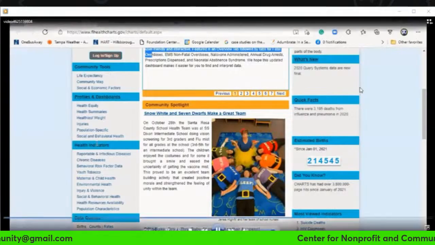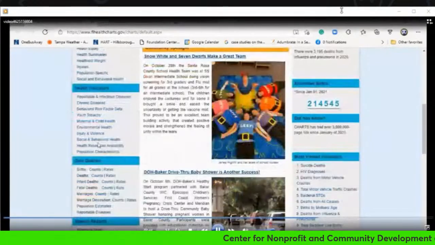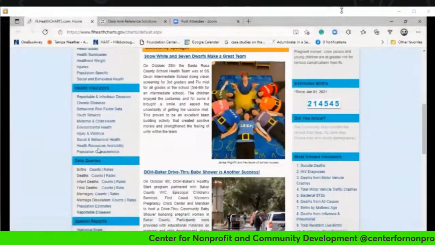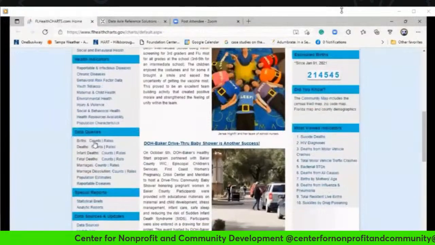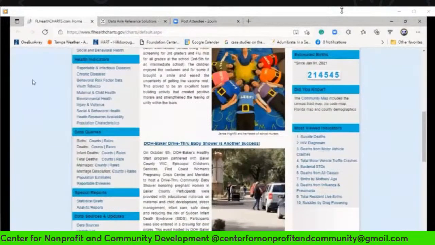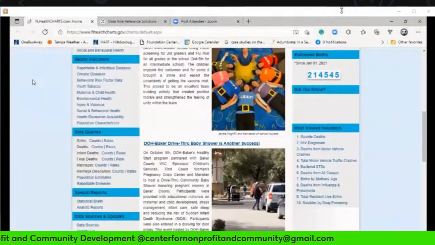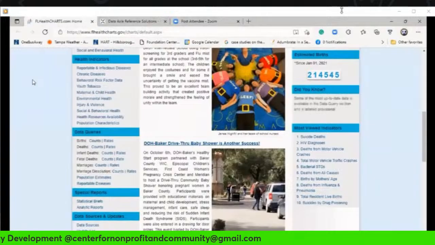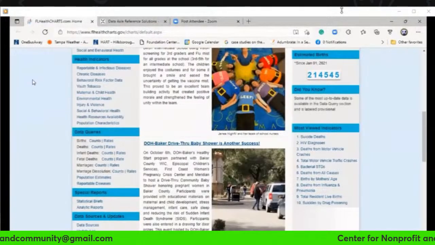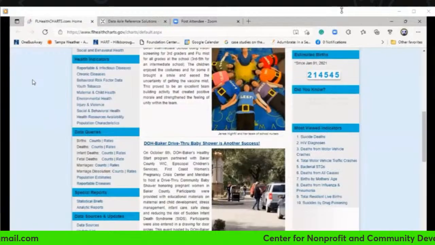The other information you can get from this site includes chronic diseases, behavioral risk factors. That's going to be important. You can look at youth related to tobacco. You can get that information. Injuries and violence. This is important.